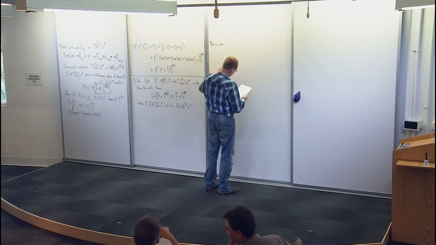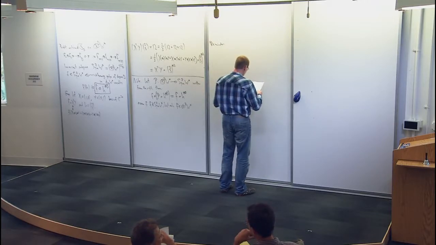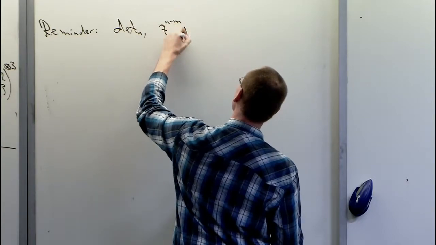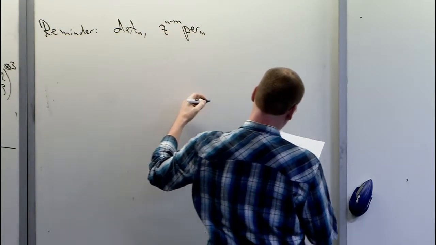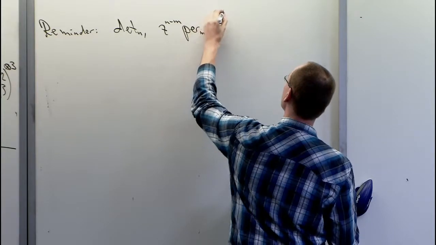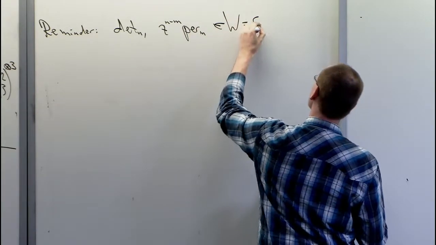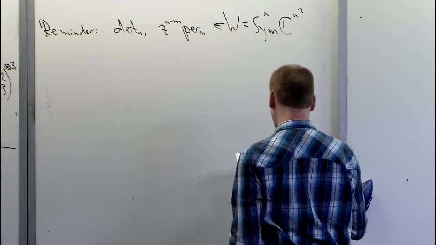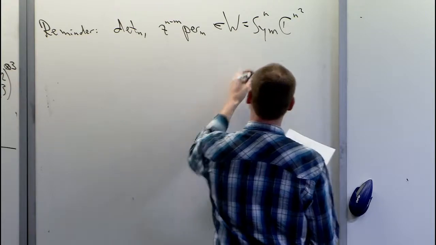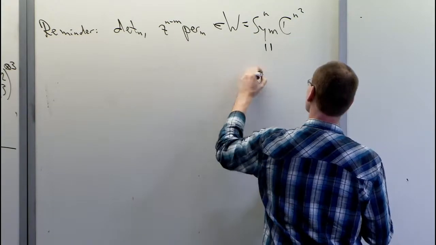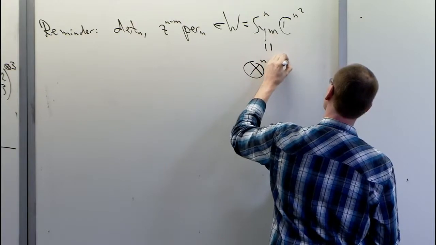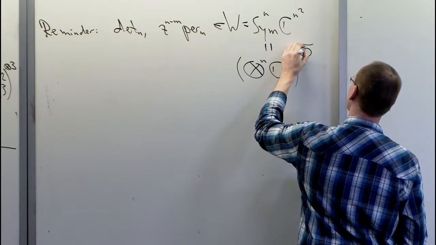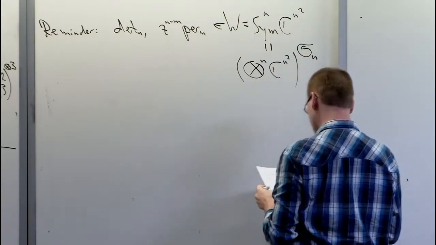So, reminder, the main things we are interested in are these, the determinant and the padded permanent. Those are in some W, and W is actually the symmetric power of C^(n squared). This was defined as the invariant space, over S_n in this case.